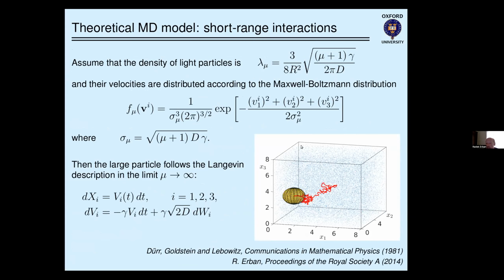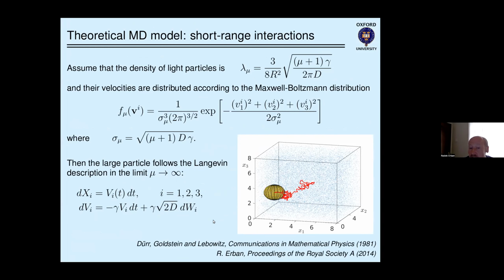What is nice for these types of theoretical models is that one can prove that in the limit where the mass of these small particles goes to zero, this large particle satisfies Langevin dynamics, described in terms of just two parameters, the friction term and the diffusion term. That's what is nice about these theoretical models, that one can get some theoretical results and prove what that stochastic process is.